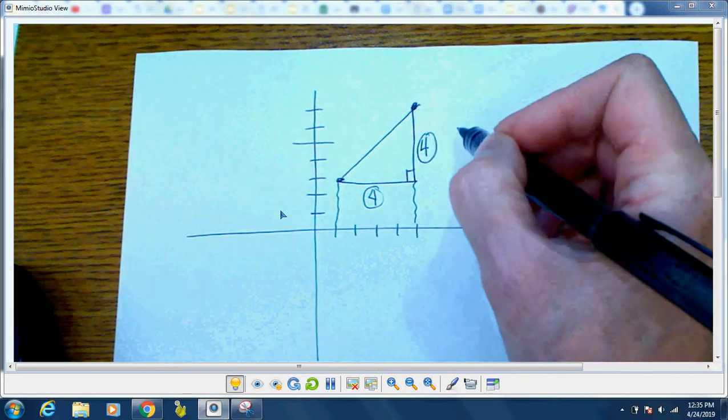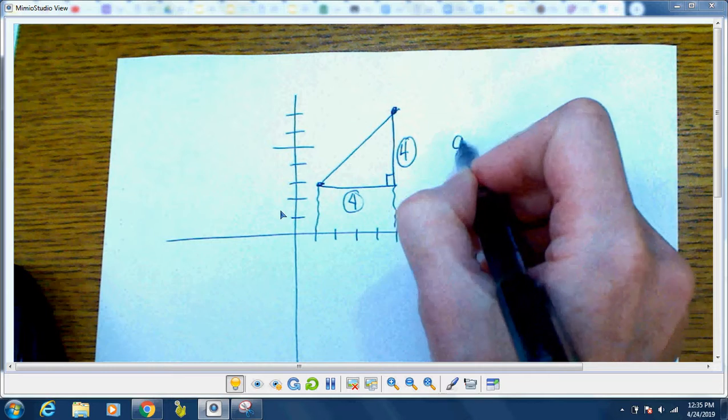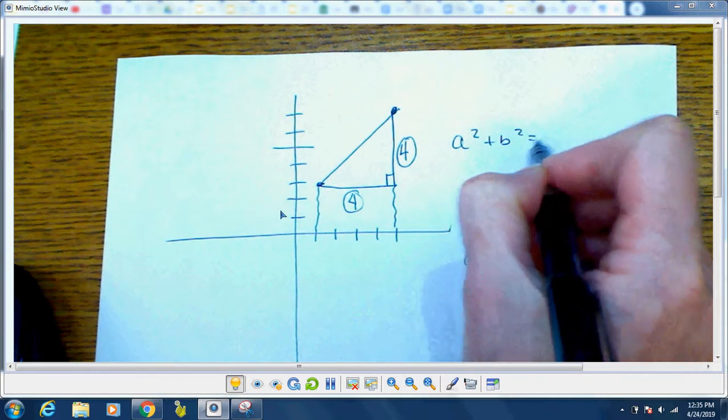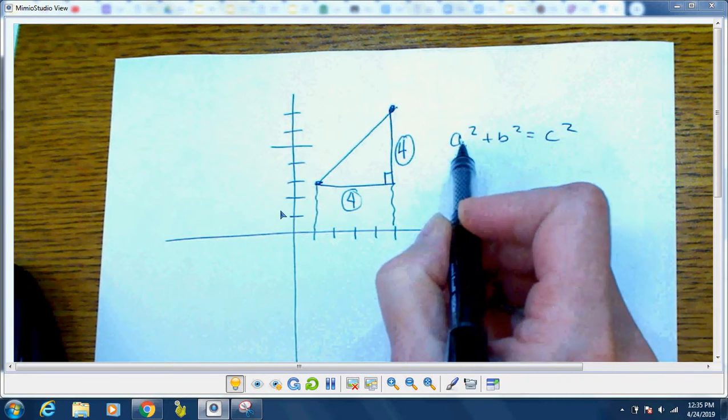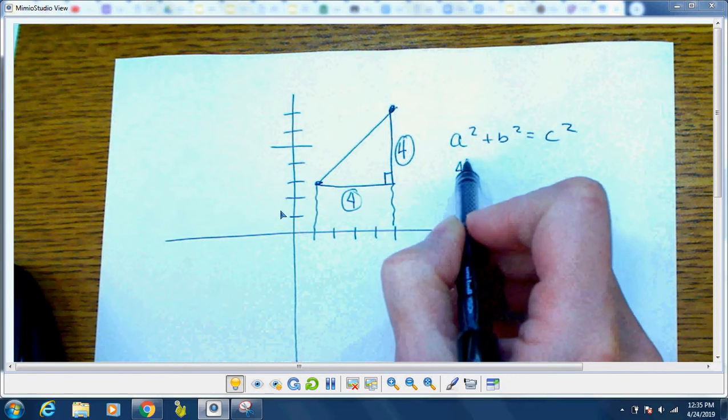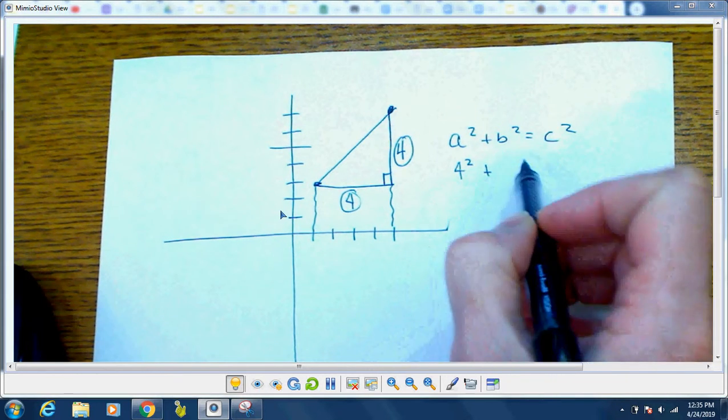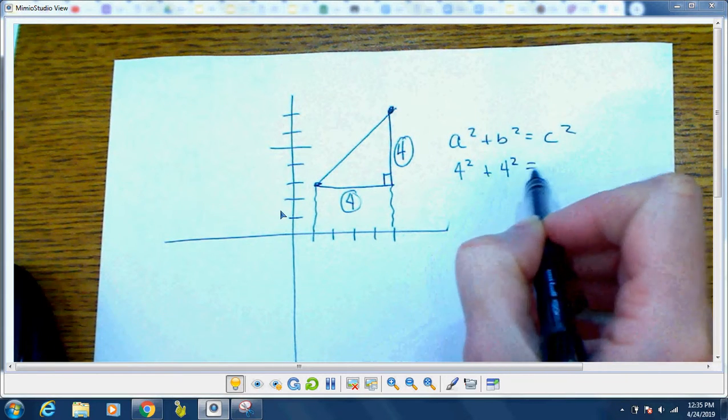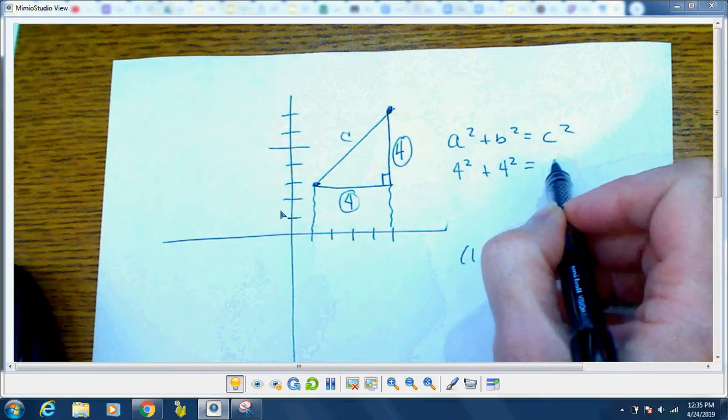So remember our friend Pythagoras, a squared plus b squared equals c squared. So a squared is 4 squared plus b squared is 4 squared equals c squared.